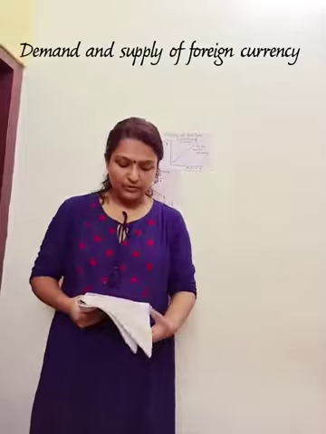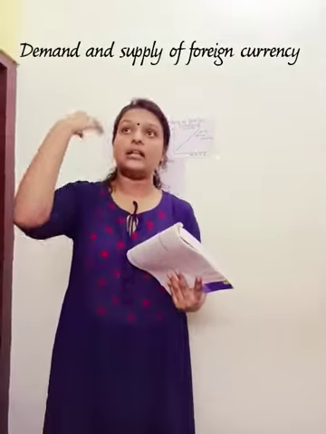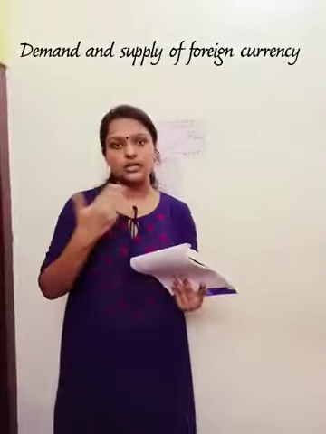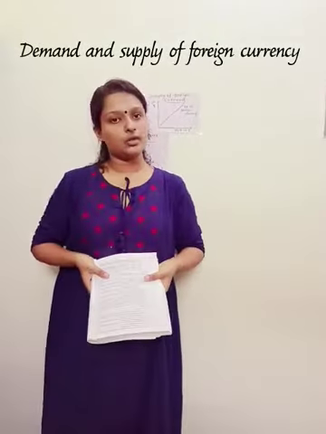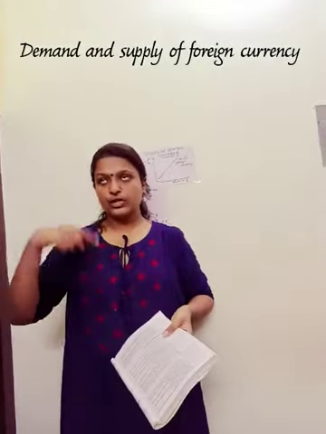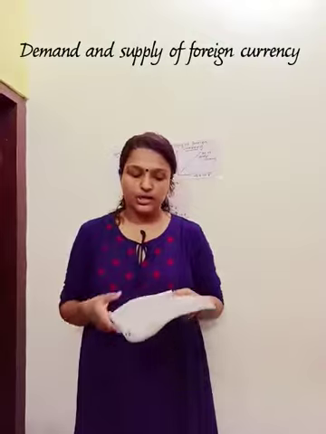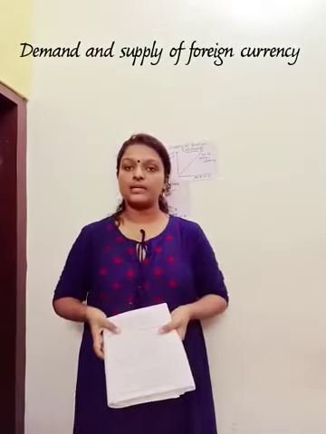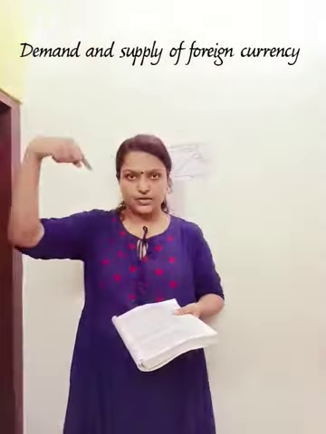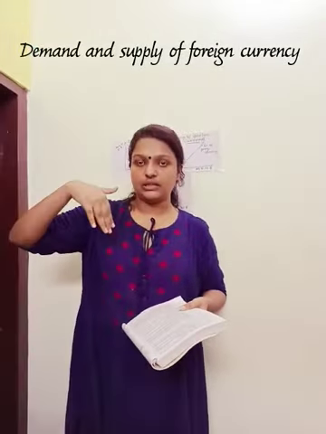So in supply of foreign currency, for what all things do others demand foreign currency, that is our currency. For exporting goods and services, when we export, they have to pay us money. So they have to pay money in our currency, right? So we have to supply the foreign currency. Then transfer payments from that country. That means like he or she giving a birthday gift to me.